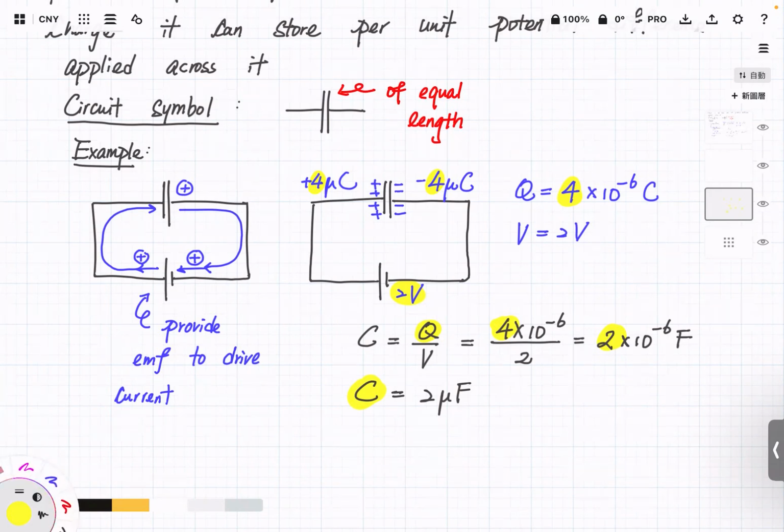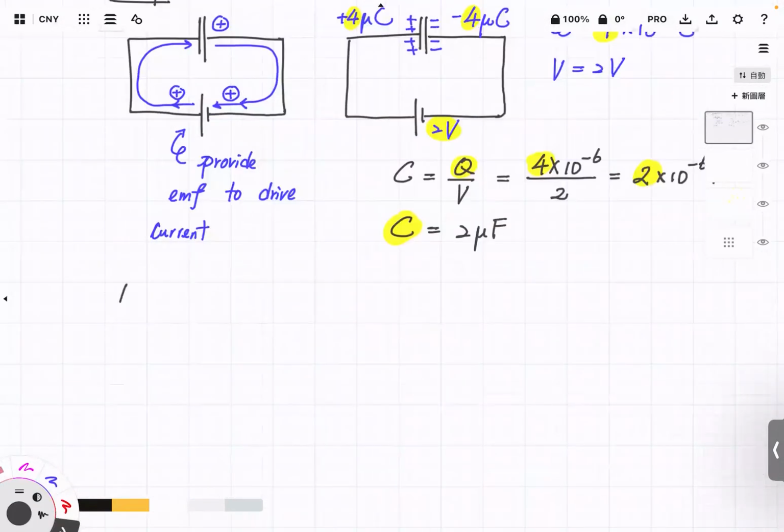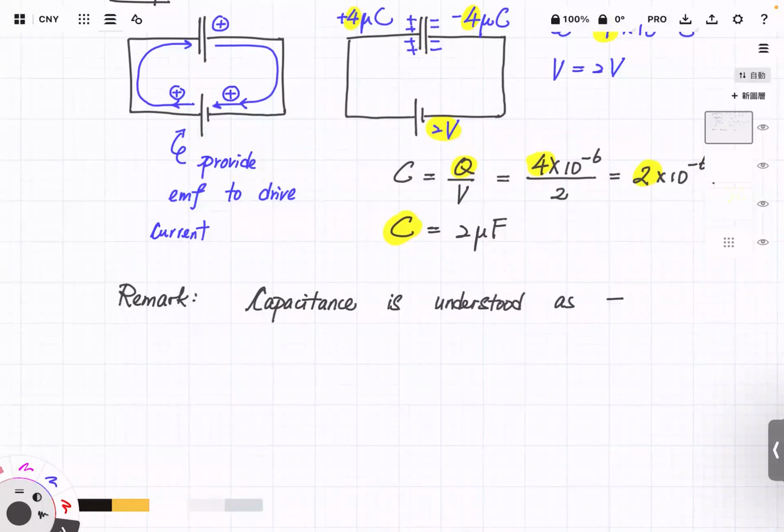So in other words, what is the meaning of capacitance? Although the formal definition is Q over V, you can understand it as the measure of the ability for a capacitor to store charges.